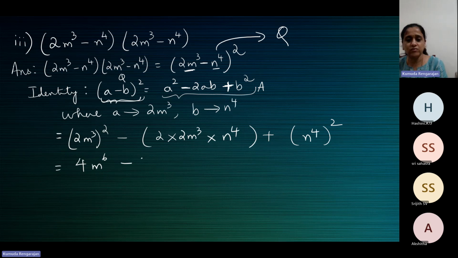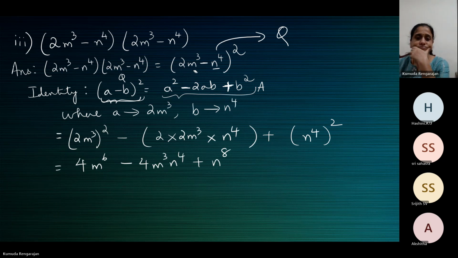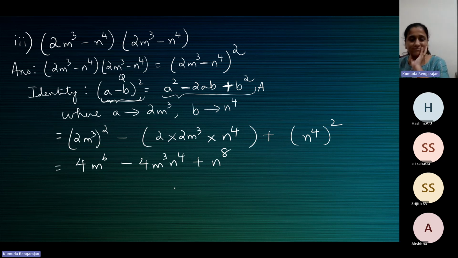So then minus 4 m cubed into n to the power 4 plus n to the power 8. Multiply the powers. Completed. Yeah, good.